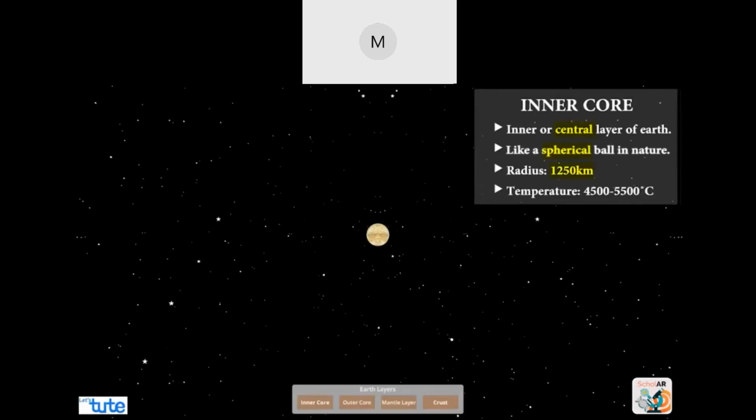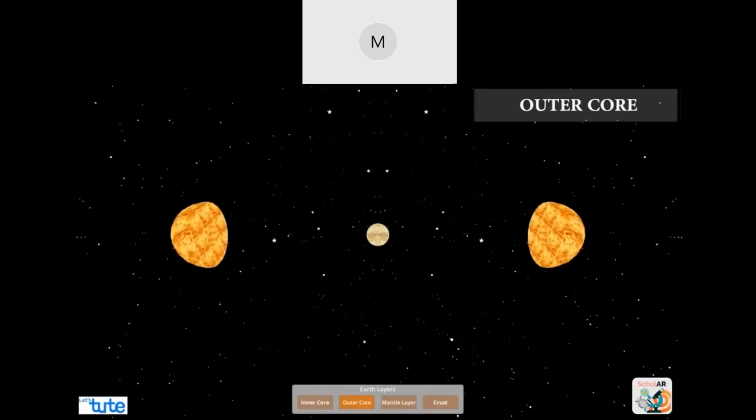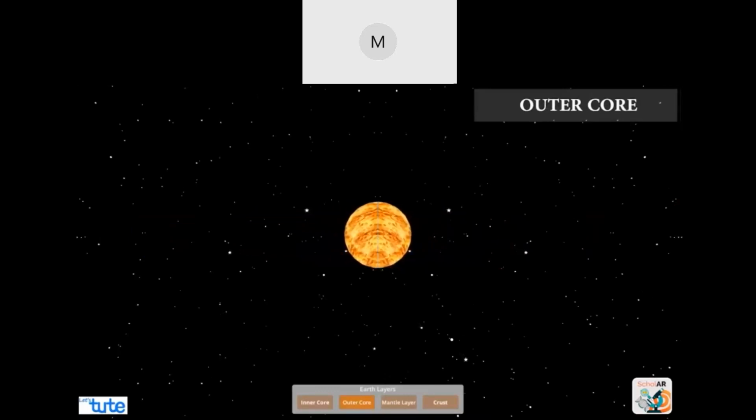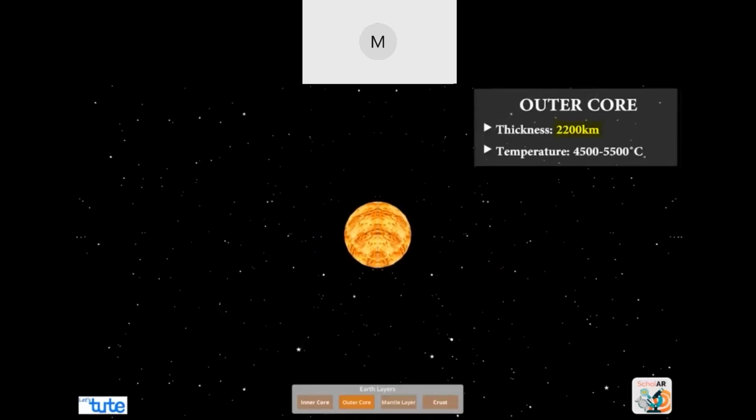The temperature of Earth's core ranges between 4500 to 5500 degrees Celsius, facing a pressure of 300 to 360 gigapascals. Next is the outer core. It is of about 2200 kilometer thickness and has a temperature similar to the inner core, that is 4500 to 5500 degrees Celsius.